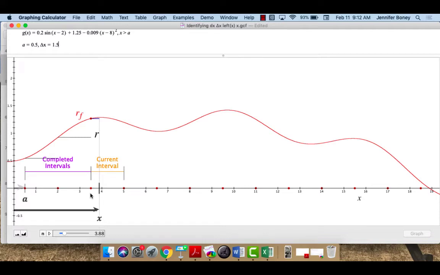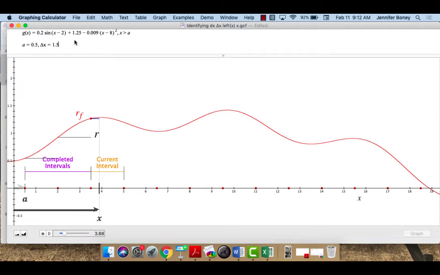I have these little red dots on the axis, for my reference at least, but maybe you can see them. Every time we hit one of those red dots along the x-axis, that's when we're starting a new interval. So there's an interval from 0.5 to 2, from 2 to 3.5, 3.5 to 5, 5 to 6.5, and so on.